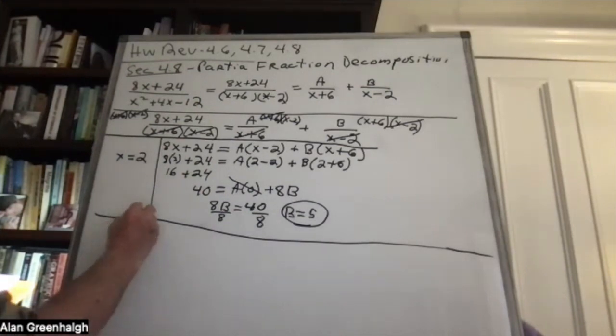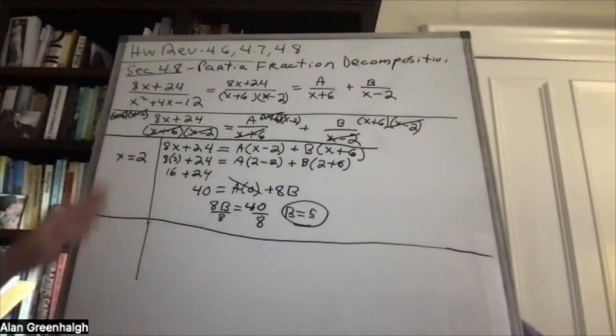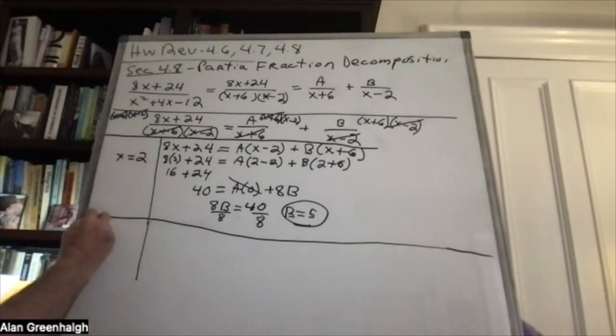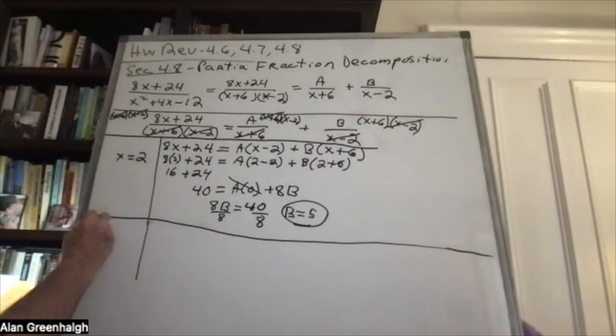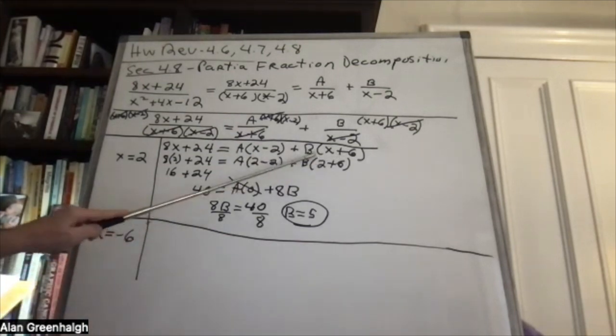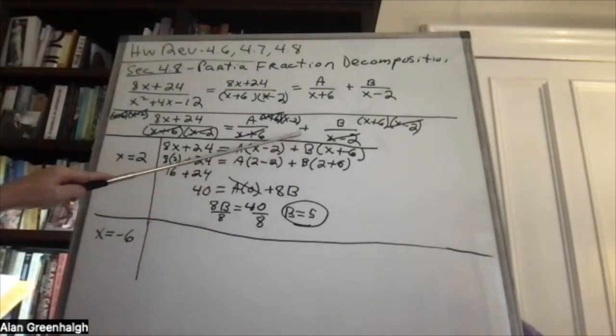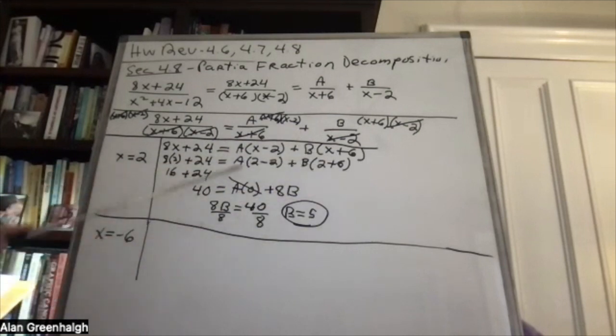So the next step is to get the b to drop out, and therefore we let x equal -6, and that will cause the b to become 0. The b times the 0 will cause that to drop out, and we'll be able to solve for a.